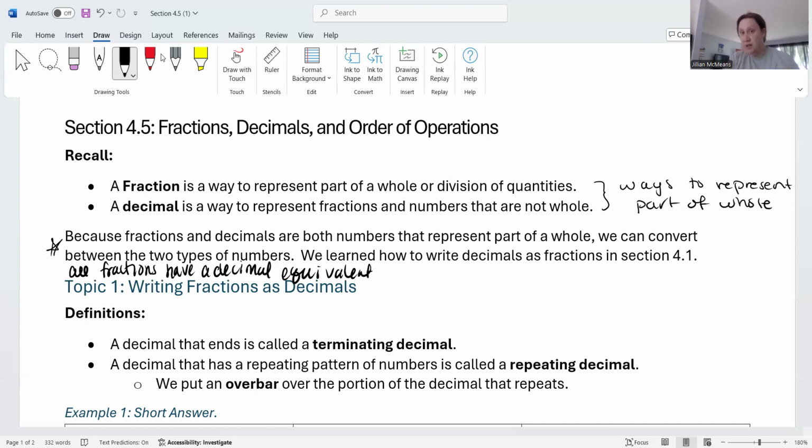Now, when it comes to decimals being written as fractions, not all decimals have a fraction equivalent. I mentioned this very briefly in a previous video, but we have rational numbers and then we have irrational numbers. Rational numbers can be written as fractions.